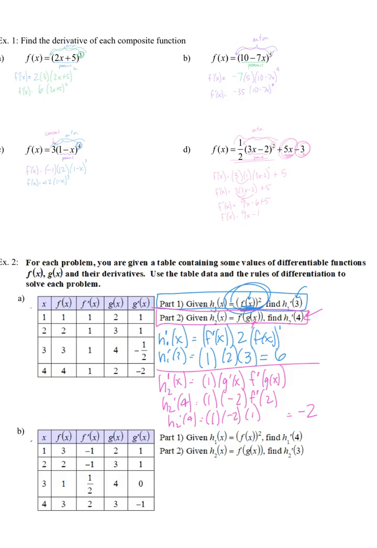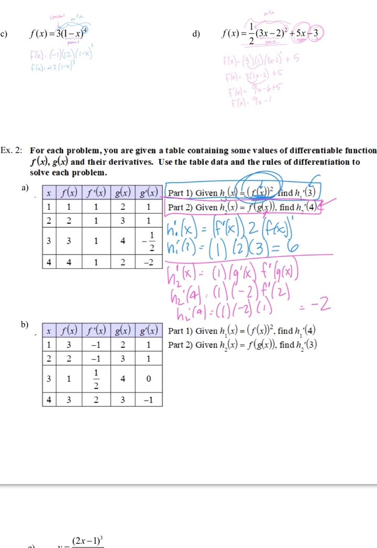All right. Now, my suggestion is pause the video and try this next problem on your own. And then watch me do it. I'm going to do the top one in green. So let's find the derivative of h1. So derivative of f of x is f prime of x.